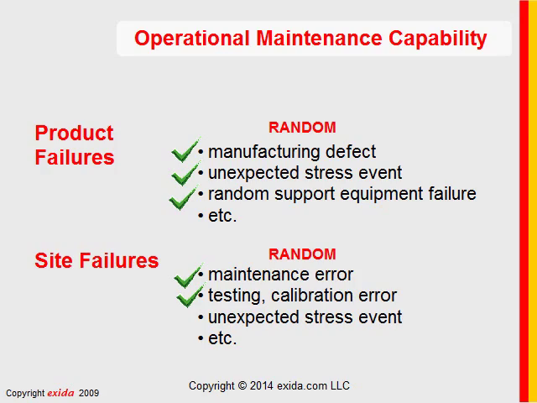We see these things when we study this data, and of course, some unexpected stress events that are far greater than the published specifications. So it's obvious that people make maintenance errors, and some sites don't make very many, and some make a lot more of them. How do we deal with that?